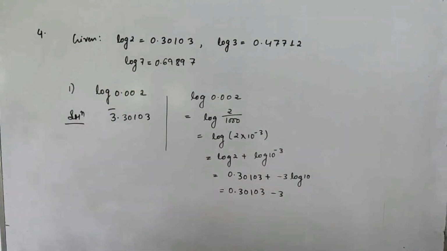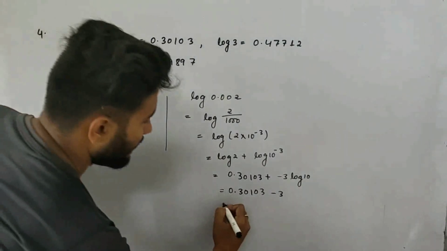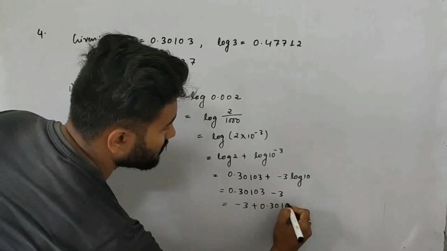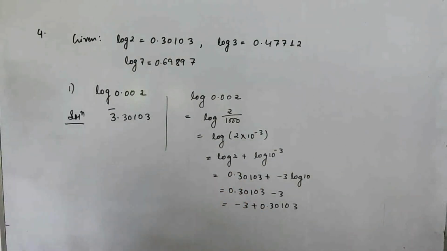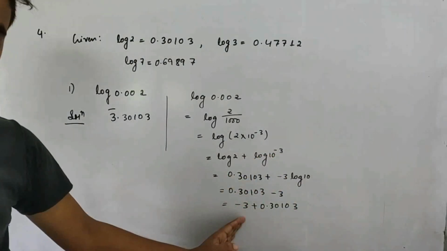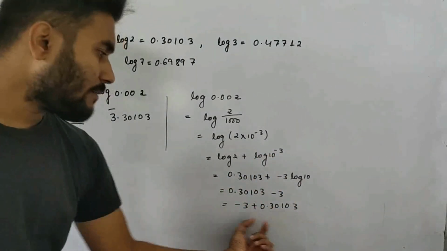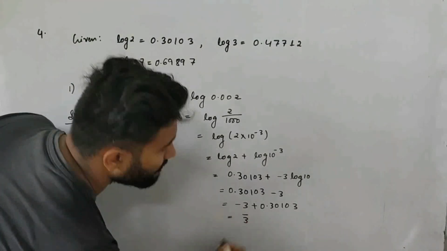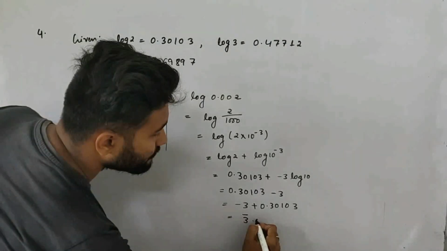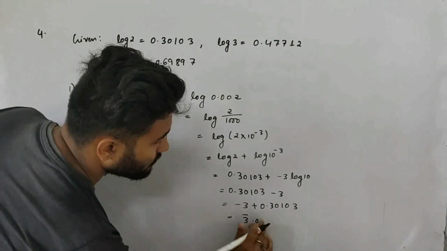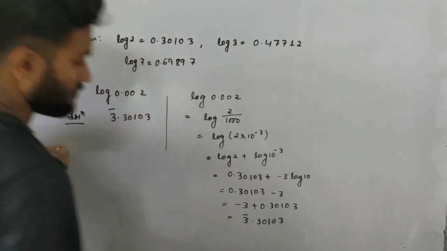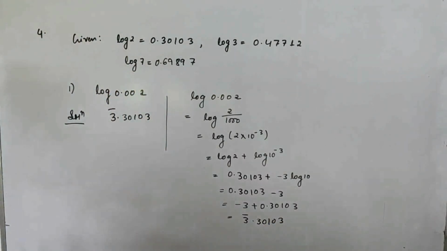If I arrange this, then I can write minus 3 plus 0.30103. I have just arranged this, bringing the minus 3 to the first position. So you see, this is your mantissa part, this is your characteristics part. If I join them, how do I have to write? Directly I cannot write minus 3.30103, like this you can't write.